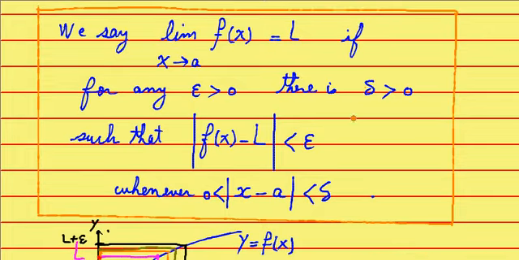Item 2 to keep in mind is that we have an additional discussion here that we keep x away from a. |x minus a| is larger than 0. What's the reason for that? The reason is that limit doesn't have anything to do with the value of the function at that point.